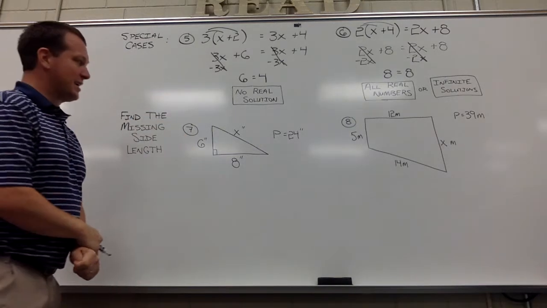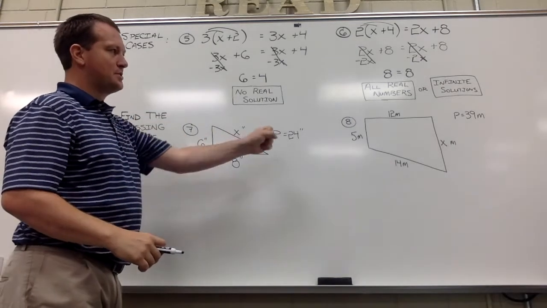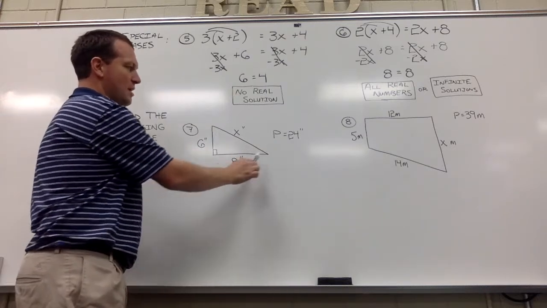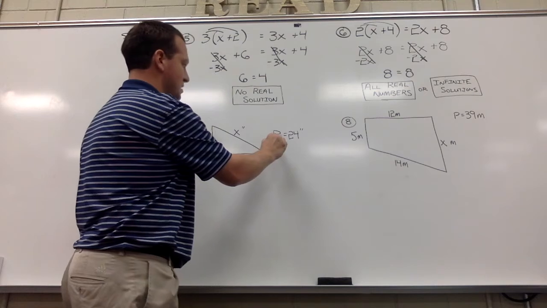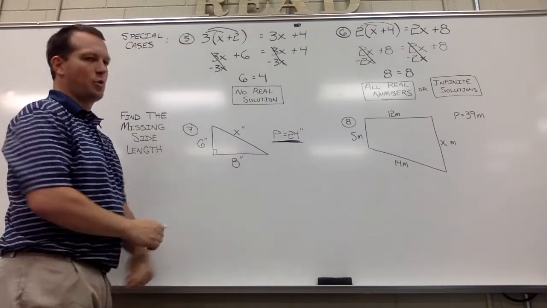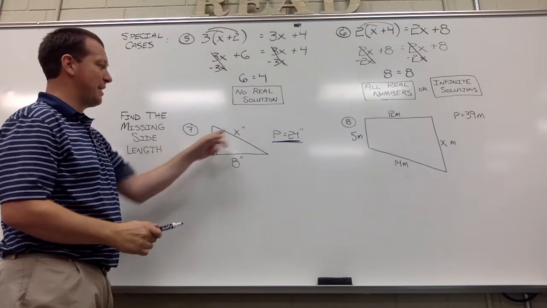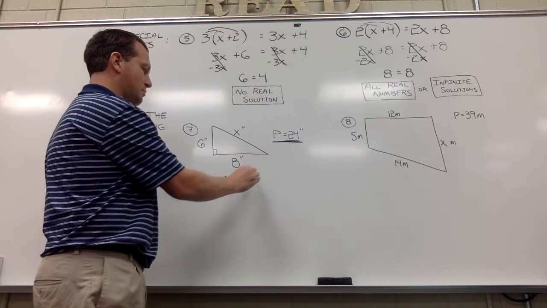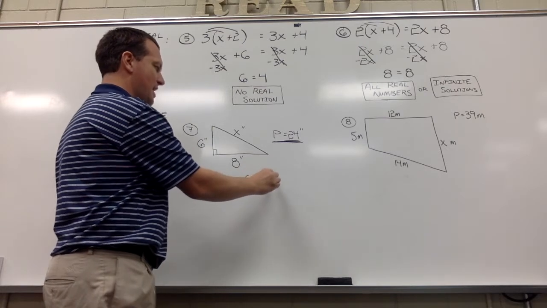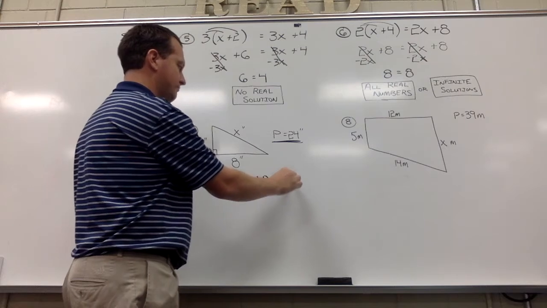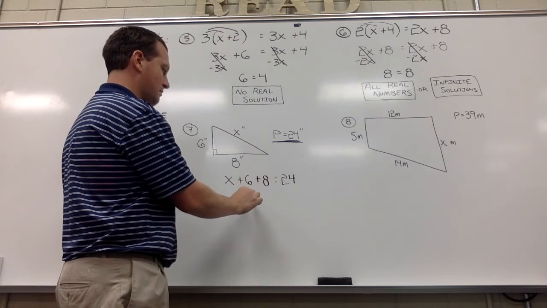Perimeter geometry connection. We're going to look at examples 7 and 8. I'm going to give you the perimeter, the distance around the outside of the figure in example 7. The perimeter of this right triangle is 24 inches. That means if I add all three sides together, x plus 6 plus 8, that would need to add up to 24. 6 and 8 make 14.